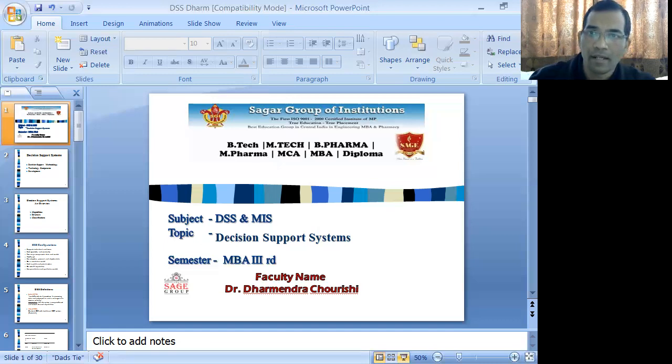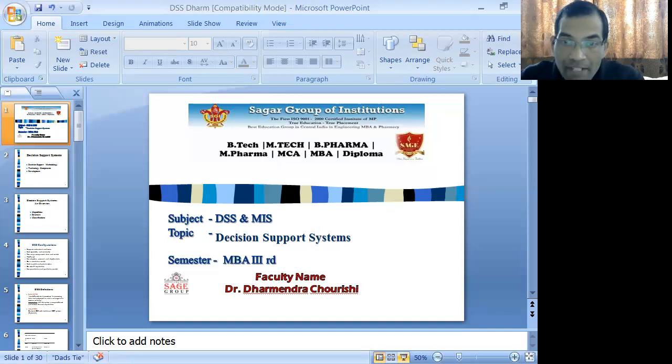On the basis of that, we will use data and formula, and it is useful for different levels of management. Characteristics and capabilities of DSS: it provides support in semi-structured and unstructured situations, as we were talking about MIS, which is a structured line format of information, whereas DSS provides semi or unstructured situations, includes human judgment and computerized information, where facts and figures results will be given after calculation.